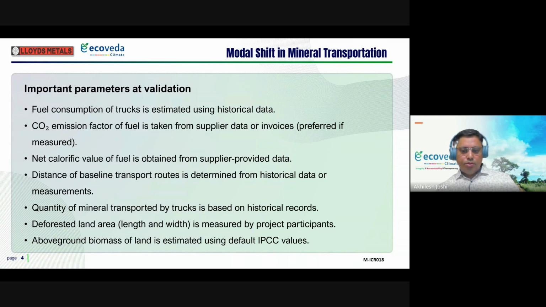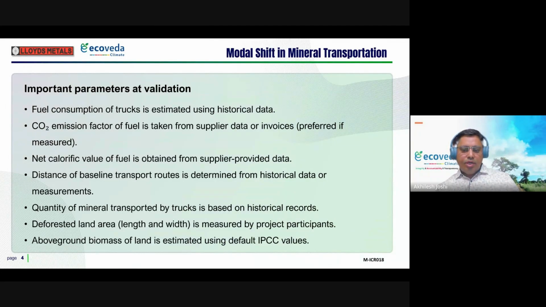The distance of the baseline transport route is determined from historical data, that is, measurement by road from the mines to the factory gate where the minerals will be processed. That distance will be actual, and it will remain constant throughout the monitoring period or crediting period, you can say.